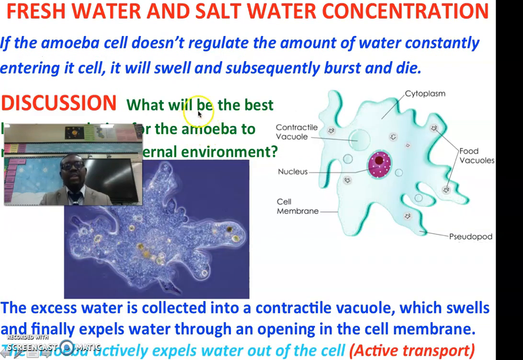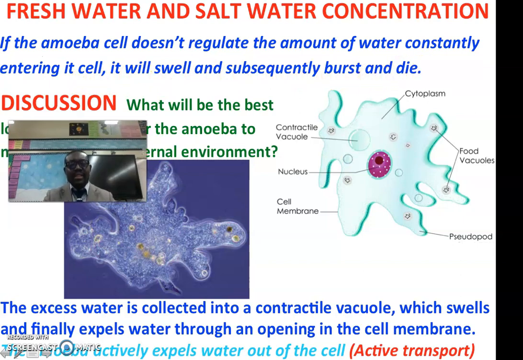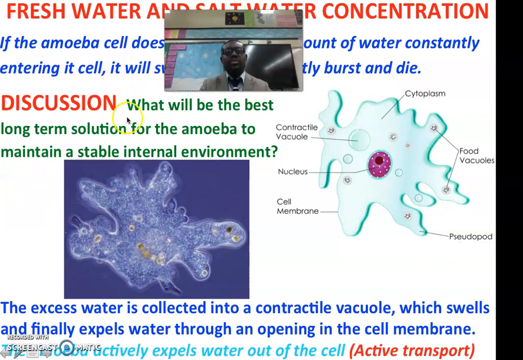All right, so if the amoeba cell doesn't regulate the amount of water constantly entering the cell, it will swell and burst, and the amoeba cell will die. So to solve this, the long-term solution for the amoeba to maintain a stable internal environment is to remove the excess water that is collected in the contractile vacuole, which swells and finally expels water through an opening in the cell membrane.